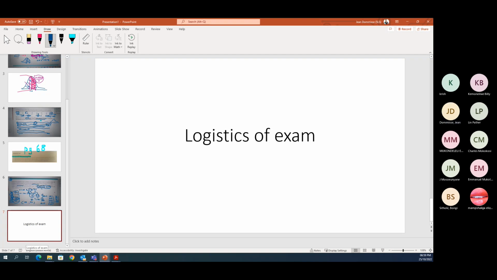How it will also run, and I think that's important, is that your exam will run from study unit 1. Session 1 is study units 1 to 5, so the questions will run from study unit 1 to 5. You will not start off with the first question being on study unit 5.